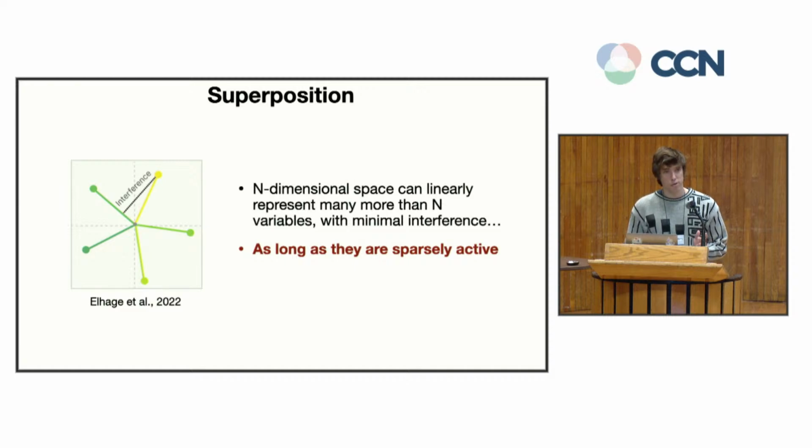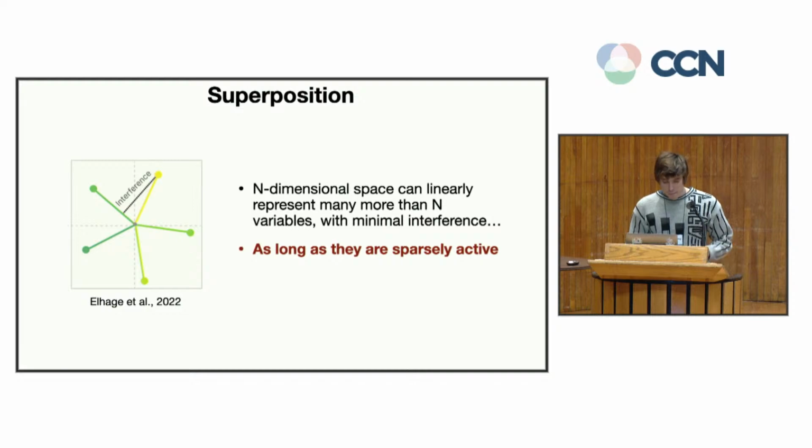Superposition refers to the fact that n-dimensional space can linearly represent many, many more than n variables without much interference if, and only if, they are sparse, in the sense that they are 0 most of the time, but occasionally take on non-zero values. So in this picture, we have 5 variables embedded along 5 axes in a 2-dimensional space.